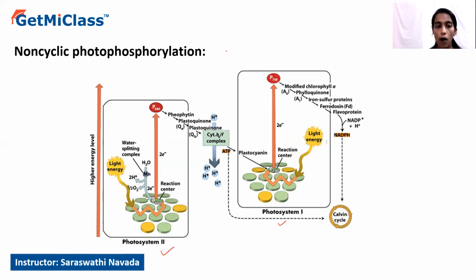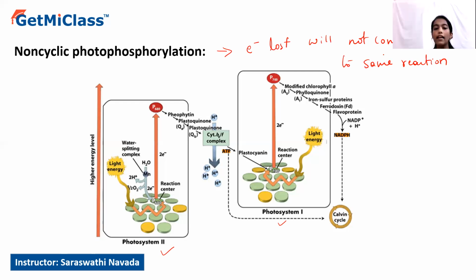And it is called non-cyclic photophosphorylation because the electron lost here during the photoexcitation won't come back to the same reaction center. Electron lost will not be cycled back here. So that's why it is called non-cyclic photophosphorylation.